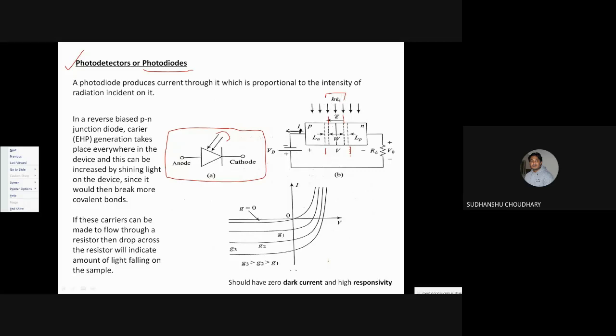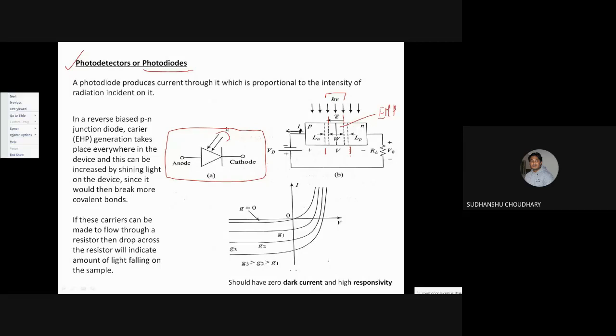Showing the light on this junction would mean that electron hole pairs are being created inside the junction, that is within the depletion region, or minority carriers are created within the depletion region.